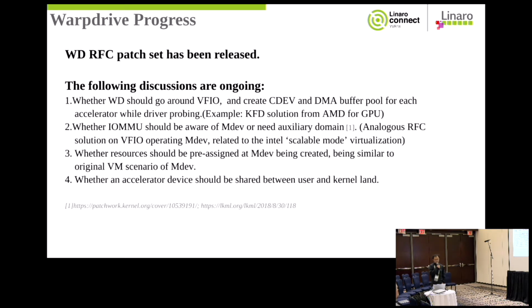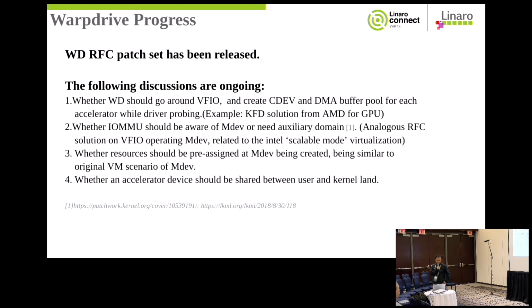Okay, let's talk about the RFC patch. The following discussions are ongoing. One, whether Warpdrive should go around VFIO, and should we create a char device and a DMA buffer pool for each accelerator via driver probing?